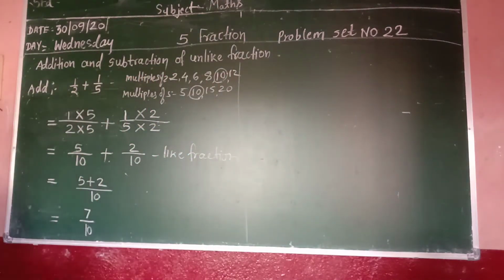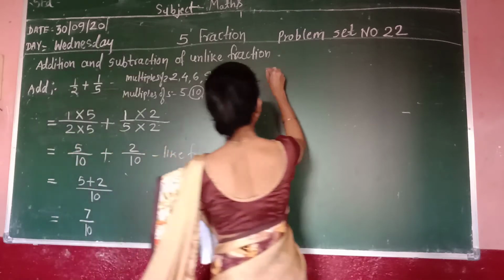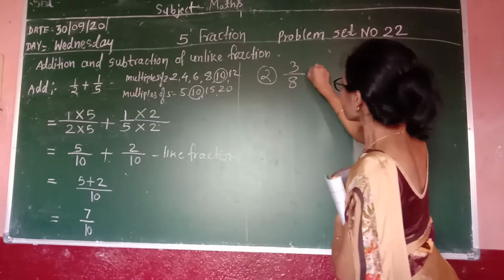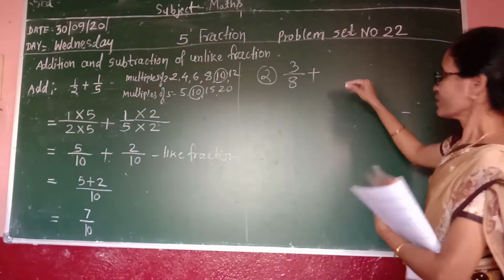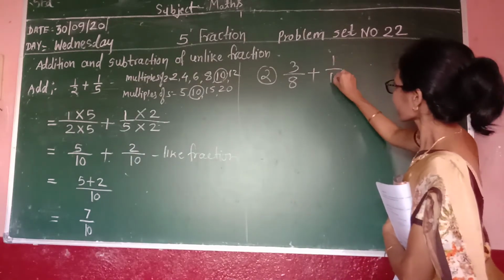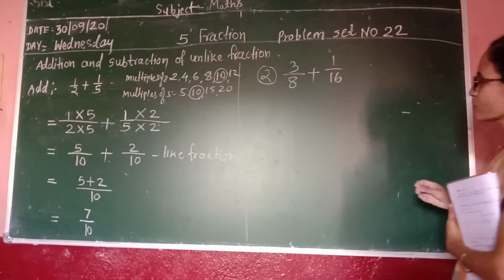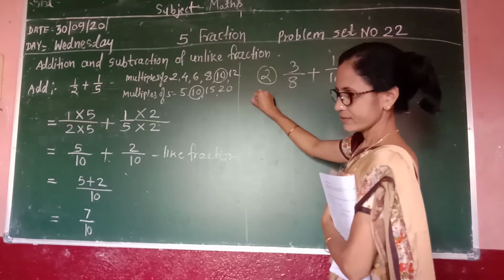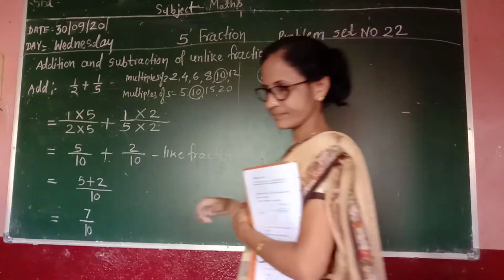The second example is 3/8 plus 1/16. Look here. Once again you write the multiples of 8 and 16.